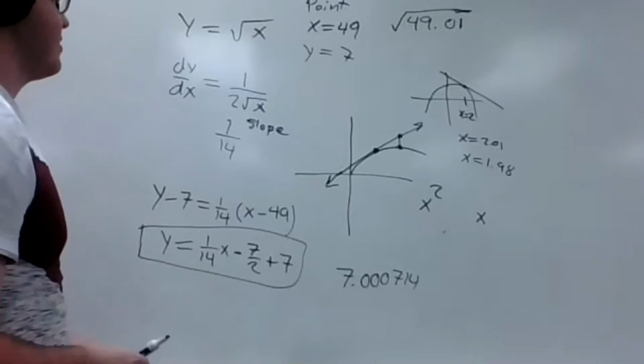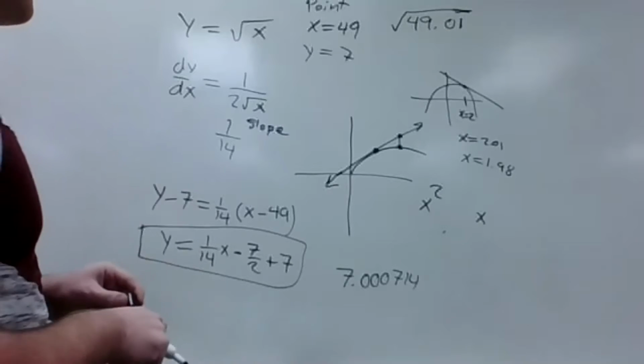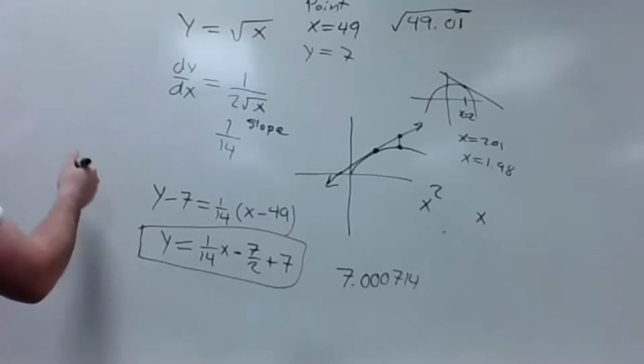Just a quick question. On the tangent line problem and the linearization problem, do they usually give us one of the points? What do they usually give us? So a tangent line problem will usually say, what is the tangent line of this equation?